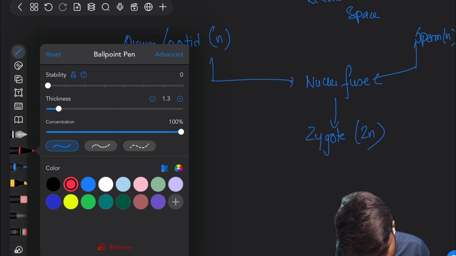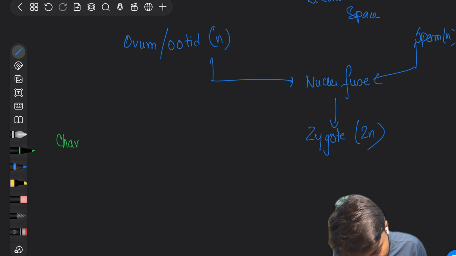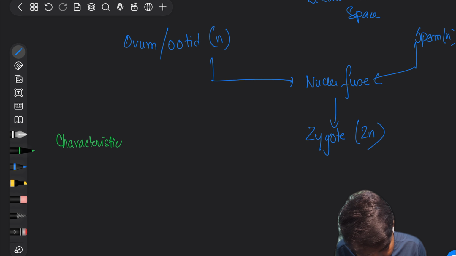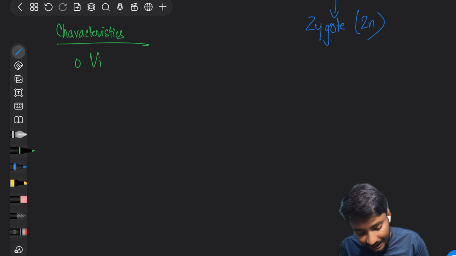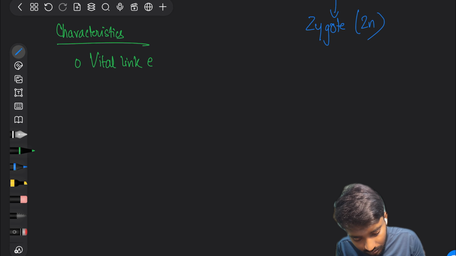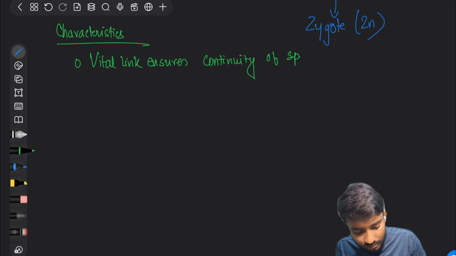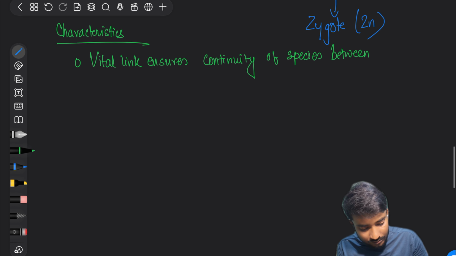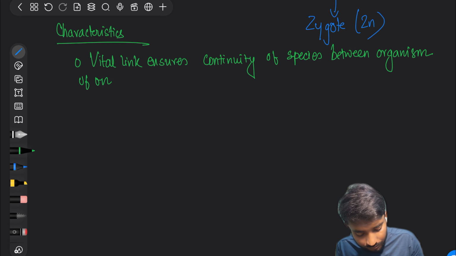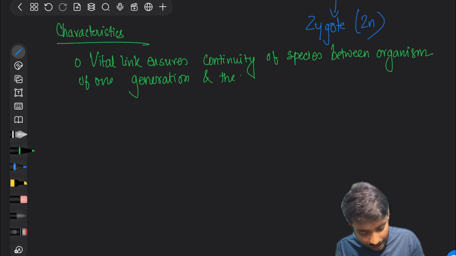So what characteristics do we see here? A vital link that ensures continuity of species between organisms of one generation and the next.